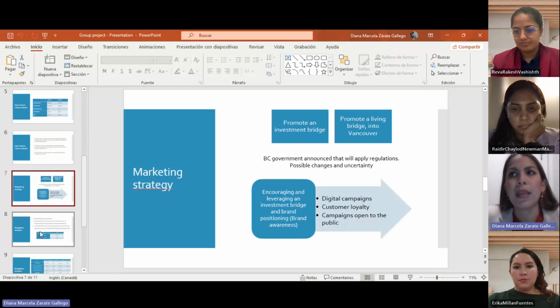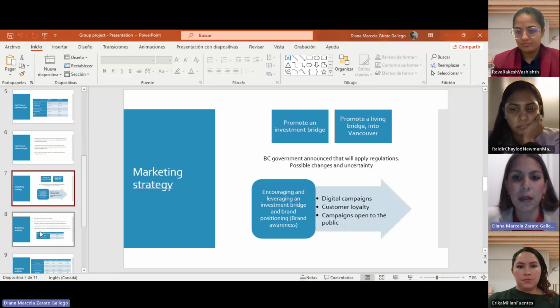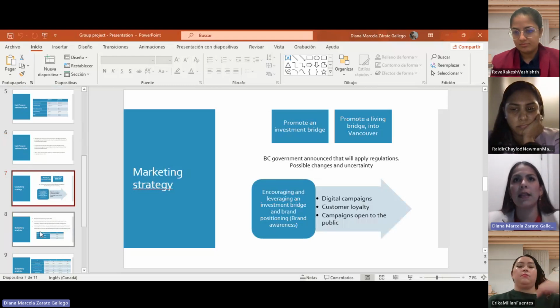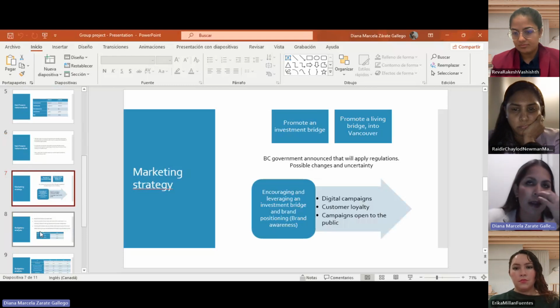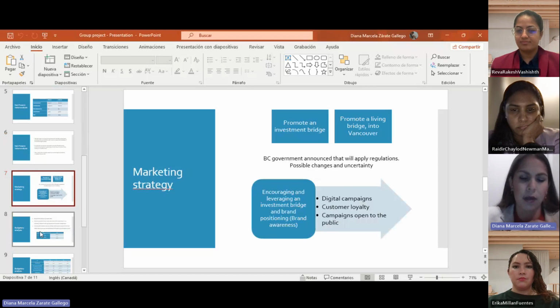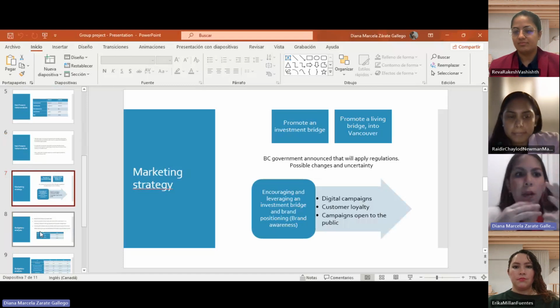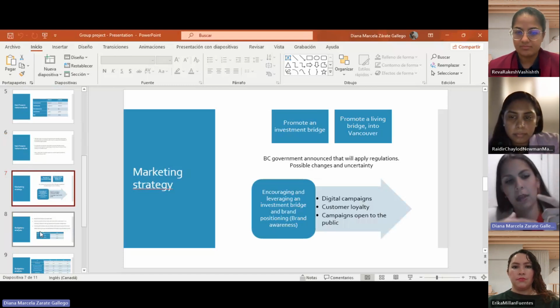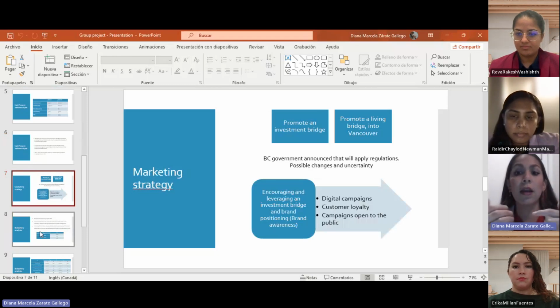But it's important to take into account that the BC government announced that it's possible they will apply some regulations regarding the growth of the companies in the real estate industry. These possible changes and the uncertainty affect the sector.